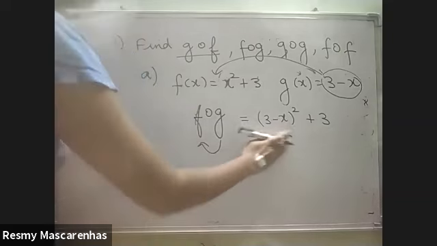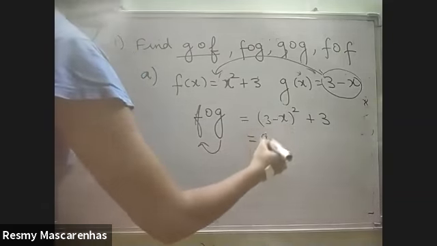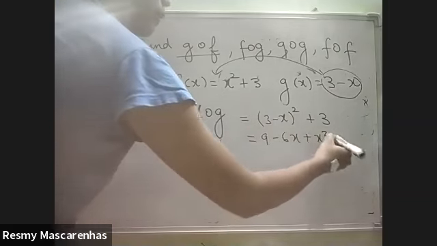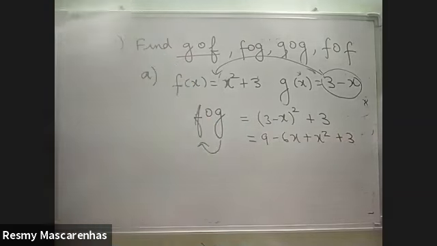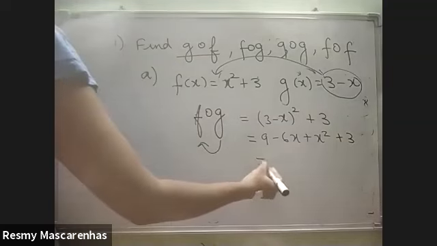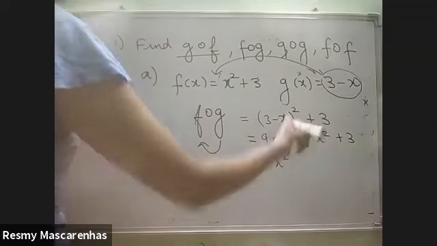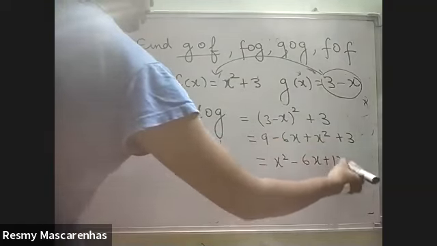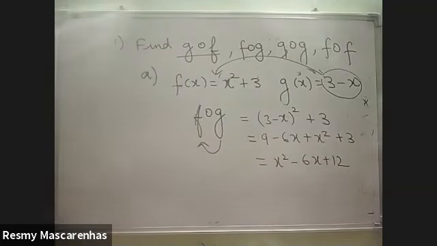Okay, a minus b the whole square formula. A square minus 2ab plus b square plus 3. If you want to keep like this also, no problem. So this will be your answer. So this is FOG.